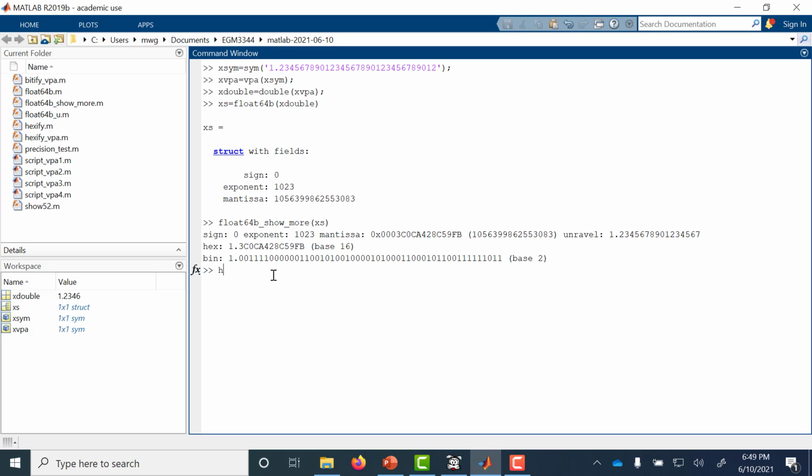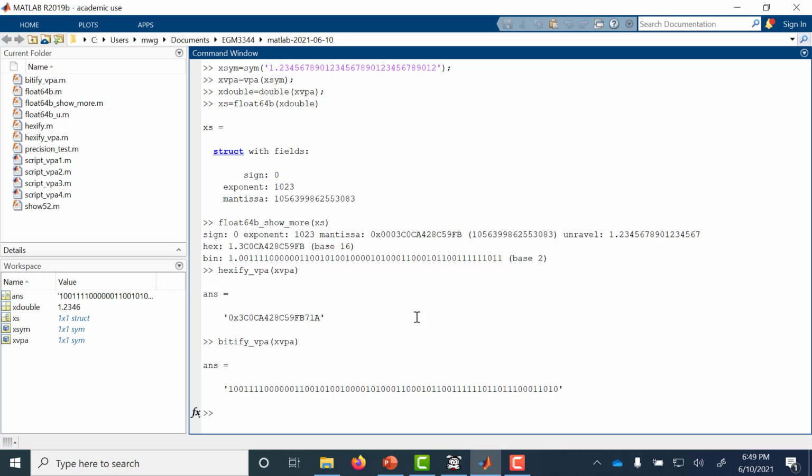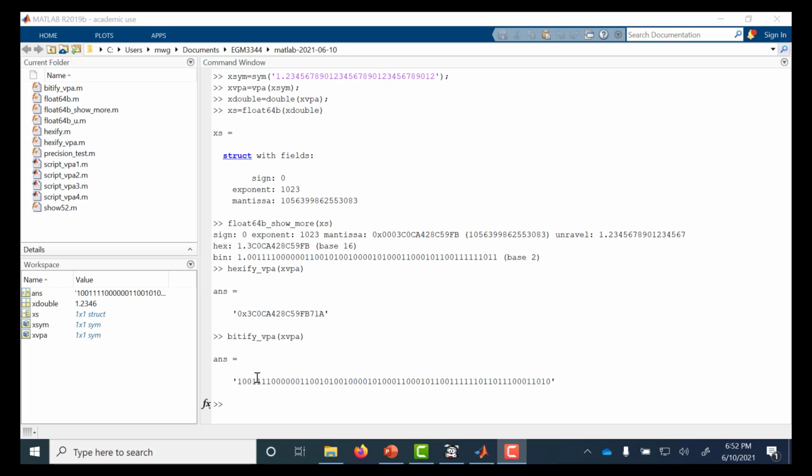I could use my hexaphi VPA function on the VPA value, on the XVPA version. Let's see what that looks like. And that's just going to show the mantissa with the extra 7.1a there. And then there's the bitify VPA of XVPA. And that's going to show, I think it gives 65 bits, and does show the leading one.